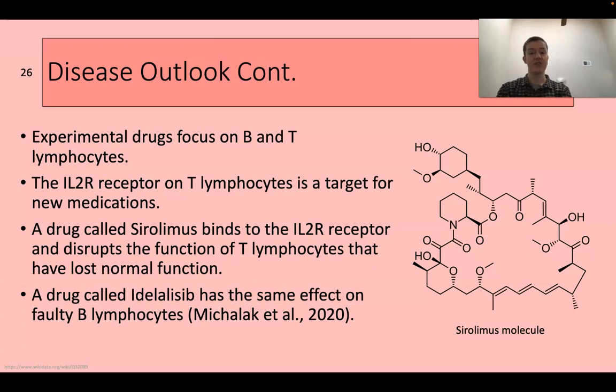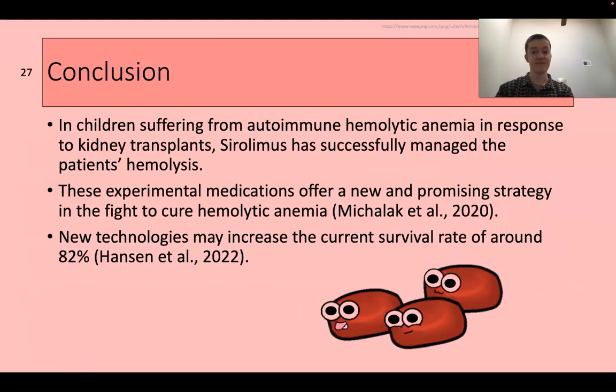And in addition to all the old well-established treatments that are available, the new medications thankfully offer a novel strategy to help the autoimmune varieties of the disease moving forward. And although the current survival rate of autoimmune hemolytic anemia is already fairly good, at over 82%, these new experimental drugs have the potential to make that number go even higher.